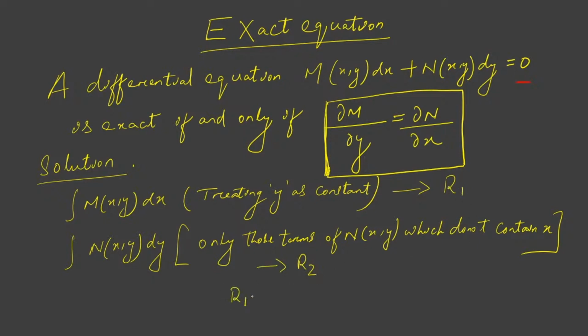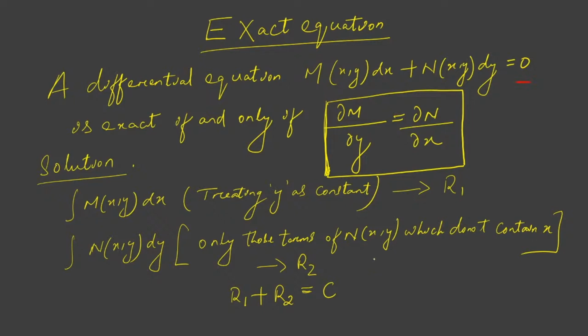You just equate r1 + r2 = c, where c is the constant of integration. Very simple and shortcut method of finding the solution of an exact differential equation.